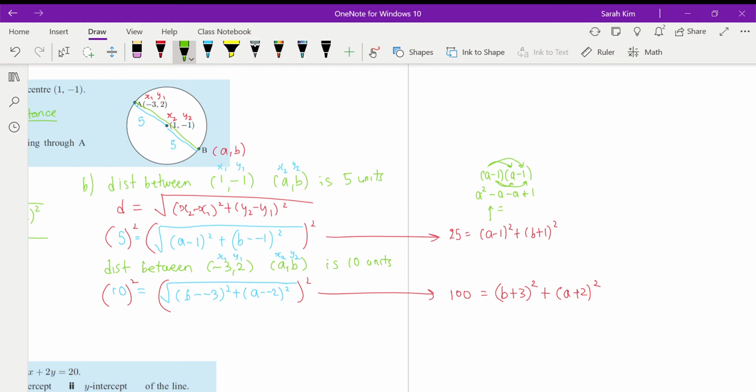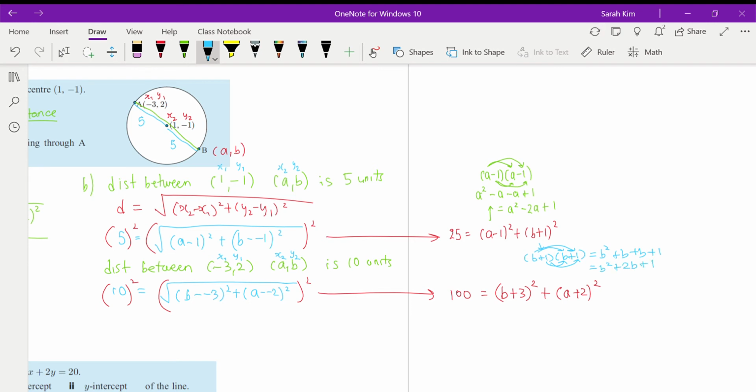And I could simplify down to A squared take 2A plus 1. I should be able to simplify this one, so B plus 1, B plus 1. So that'll turn into B squared plus B plus B plus 1, which turns into B squared plus 2B plus 1.